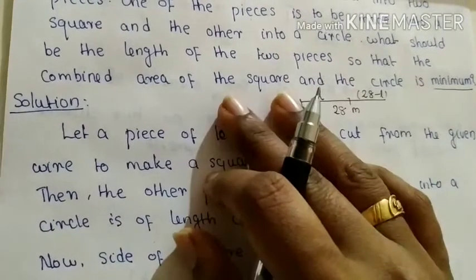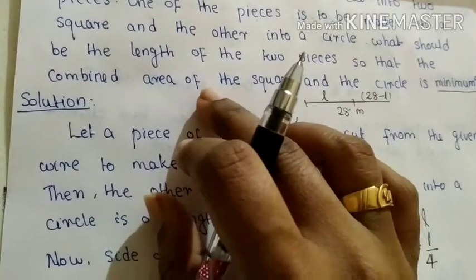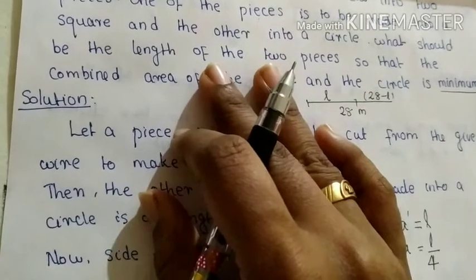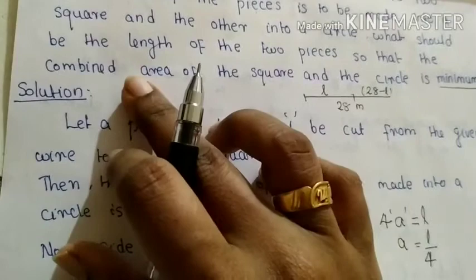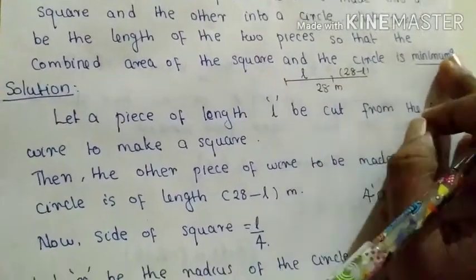Next, we need to find the length of the two pieces such that the combined area of the square and the circle is minimum.